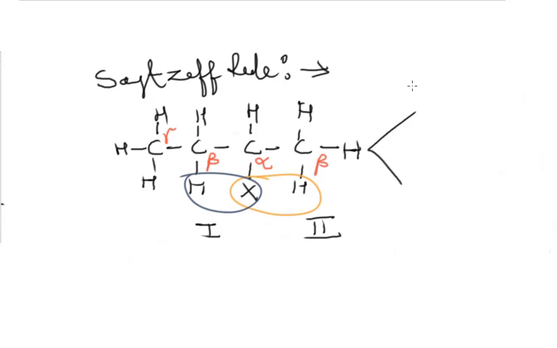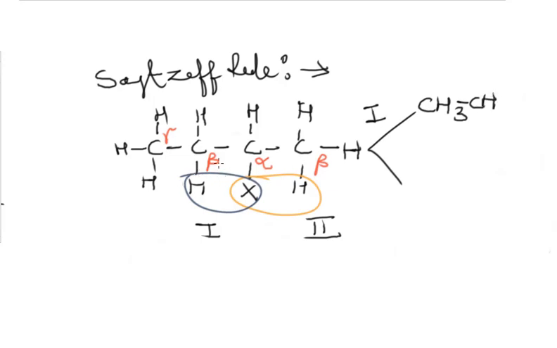So if we are talking about the first case, the product of the first case is CH3, because this is carbon 1, 2, 3. Now one hydrogen atom is eliminated, so we have only one hydrogen atom here, so we have CH.